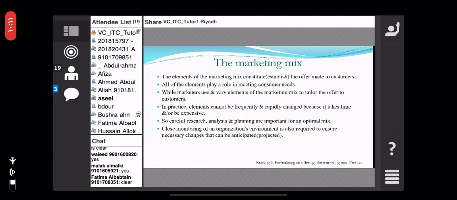All of the elements play a role in meeting customer needs. Why are we using them? Because all of these elements play a role in meeting customer needs. Marketers use and vary elements of the marketing mix to tailor the offer to the customer.